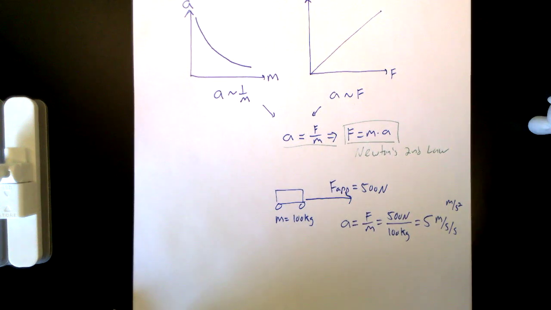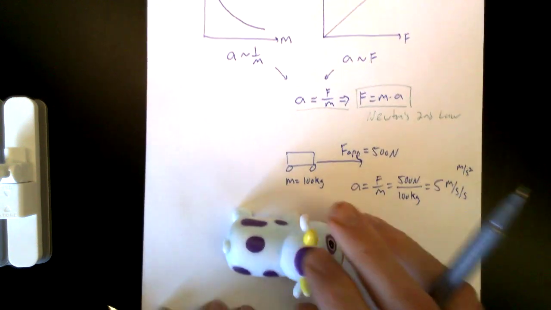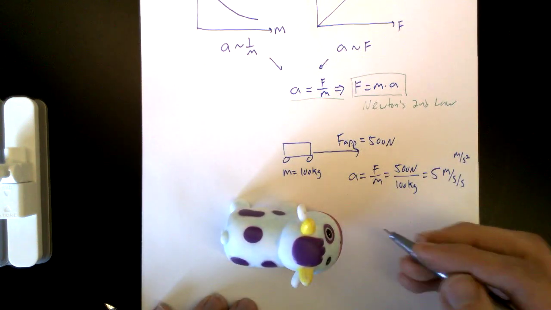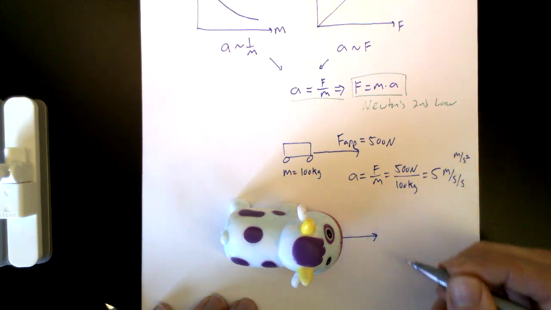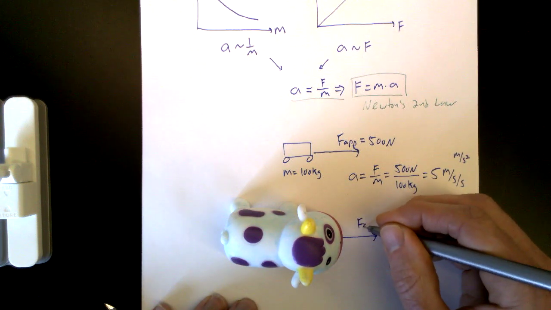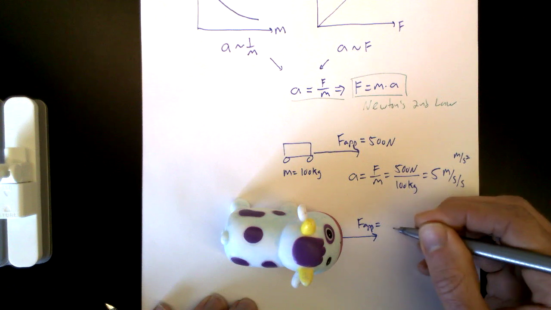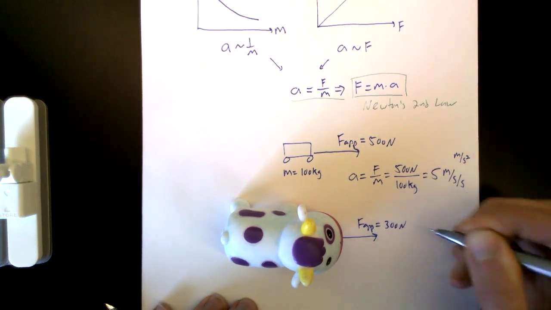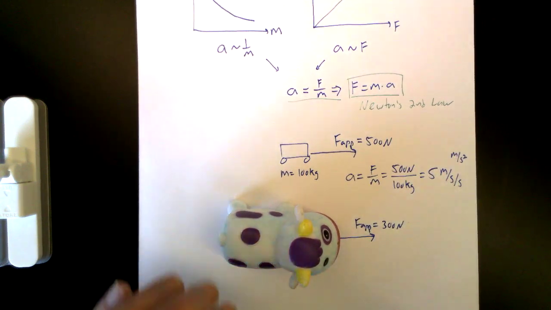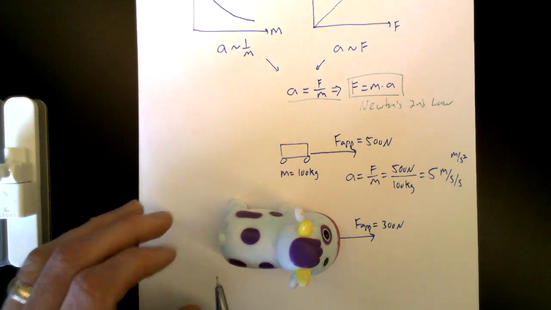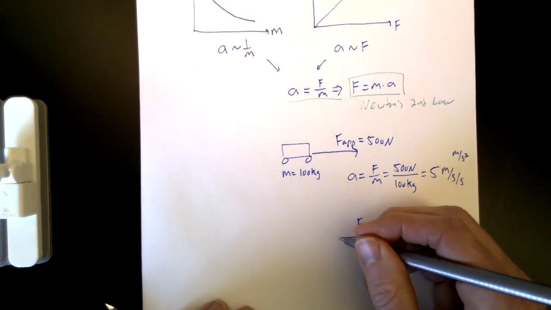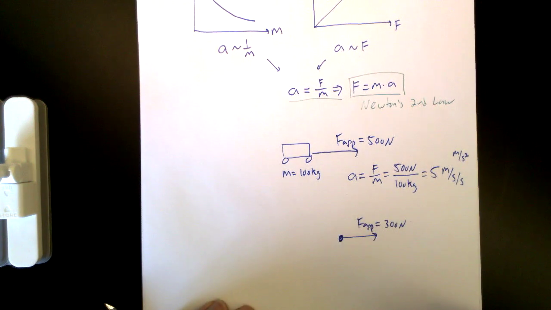Now there's one other thing I need to add in here, and let's use the cow as an example. If I happen to have a force pulling this way, let's say an applied force of 300 newtons on the cow, and then let's say maybe there was a rope or something attached to the back of the cow. I'm going to turn this into a free body diagram.